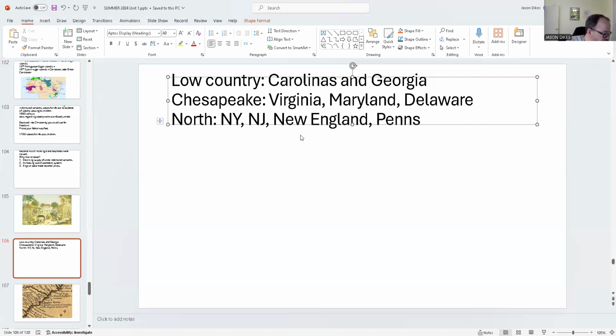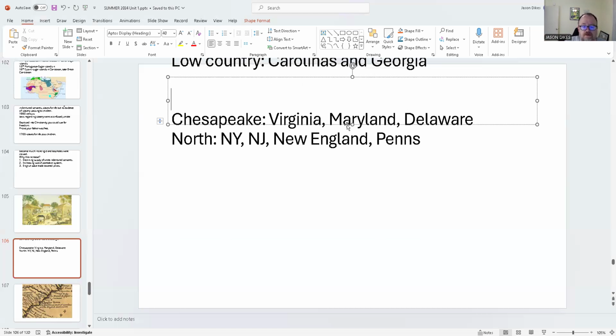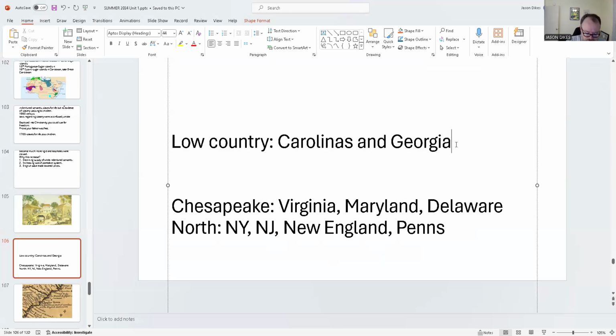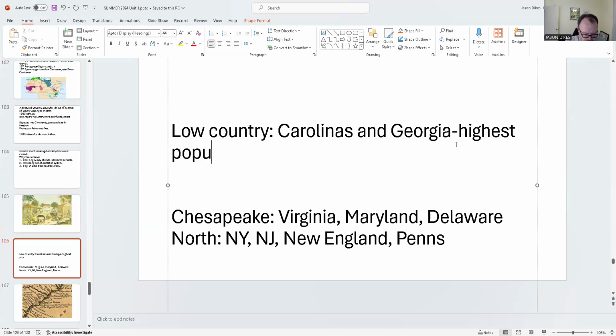So let's start with population. And the highest population of slaves is going to be found in the Low Country.